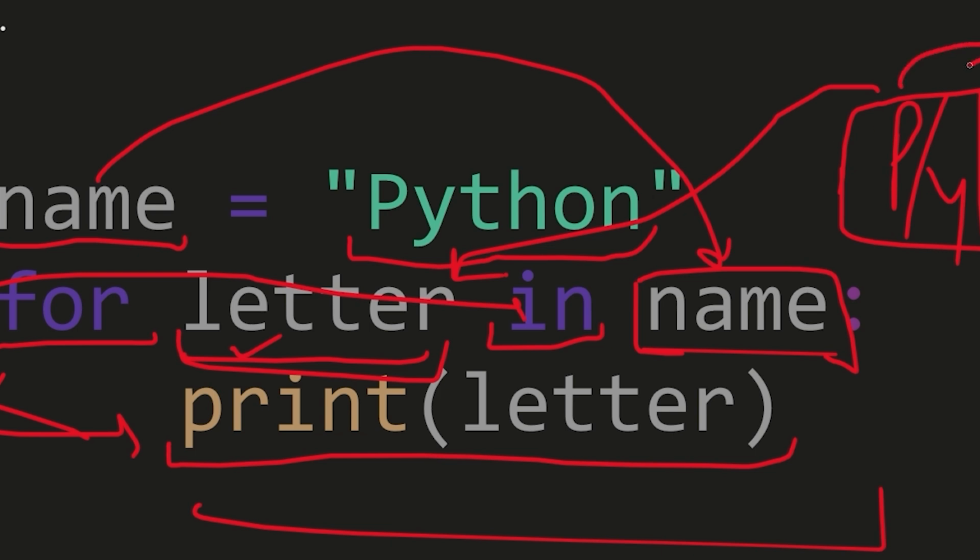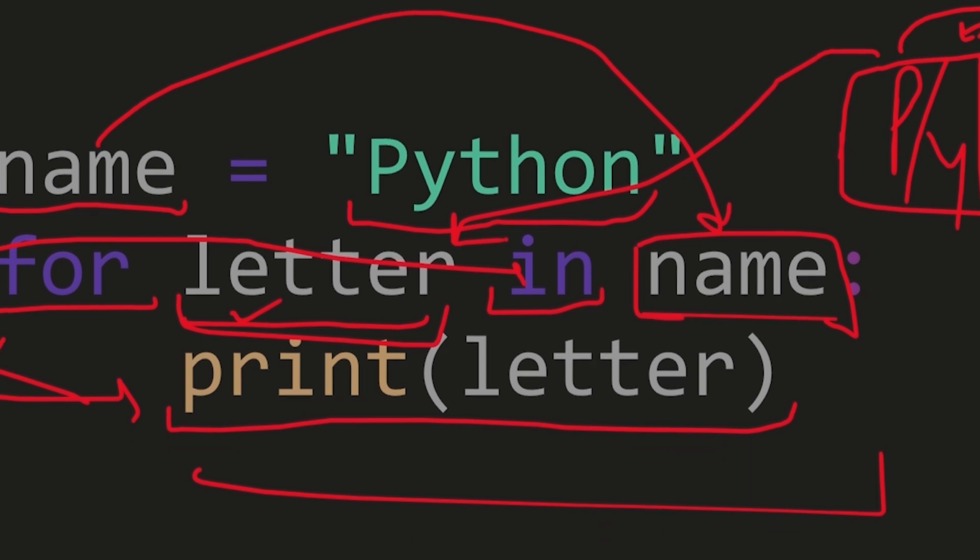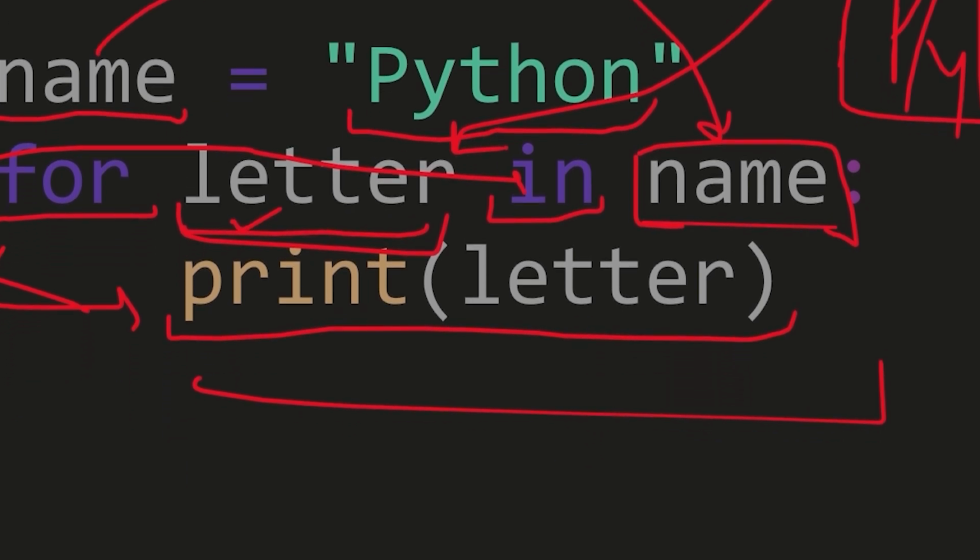Now the next value is Y. It will print Y. Then the next value is T. In the same way, every iteration will occur and print the next character. When the control reaches n, it will print n, and after that, we don't have any value left over here, so the loop will be terminated and the control moves outside the loop to the next statements.